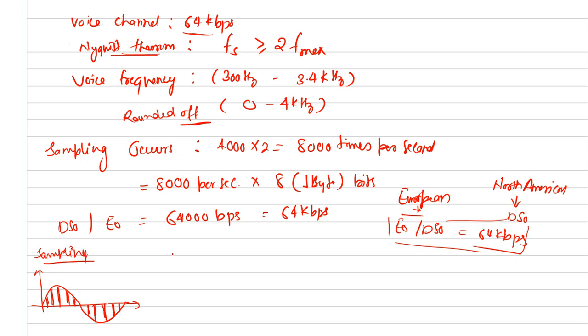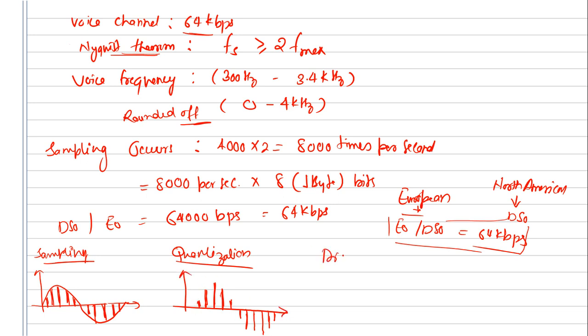Second process is called quantization. In this quantized format, we will just get these discrete values for representation.